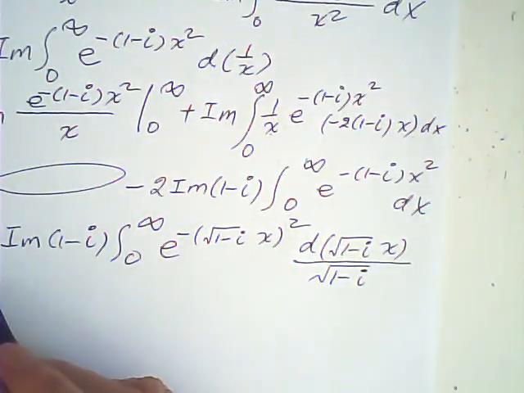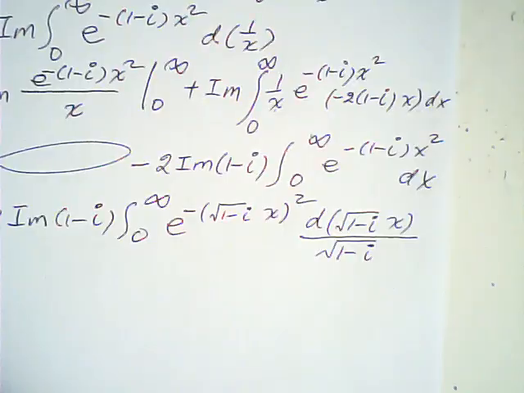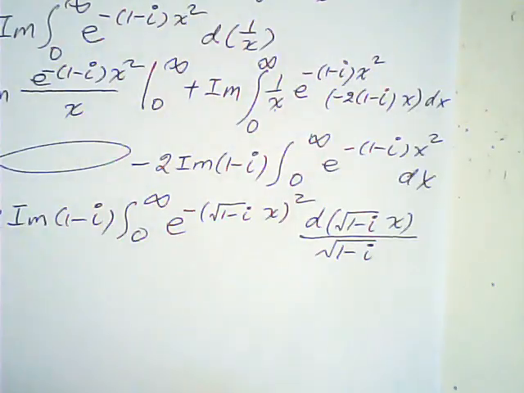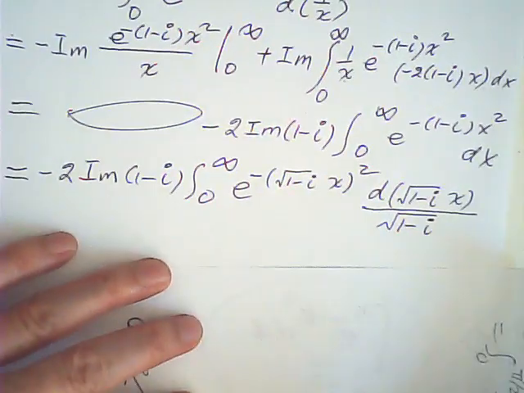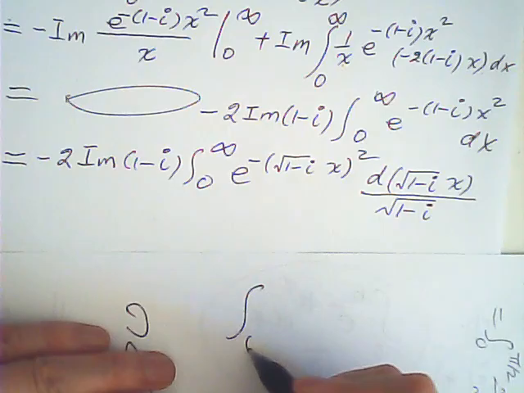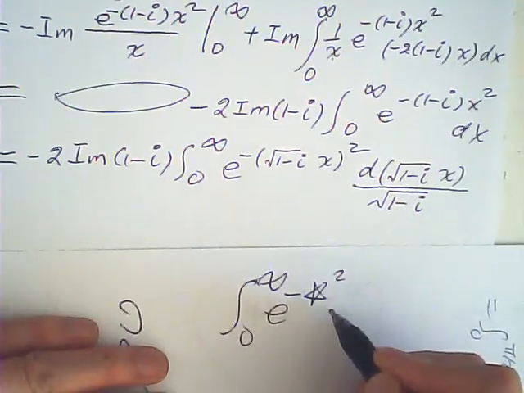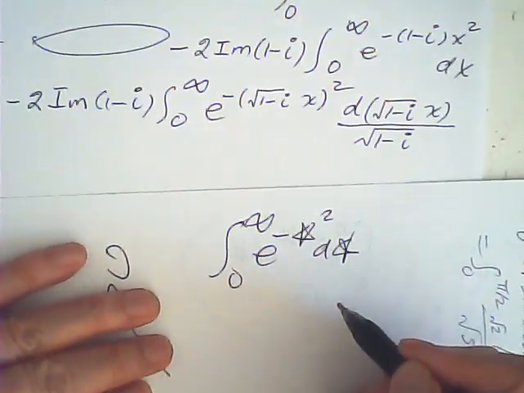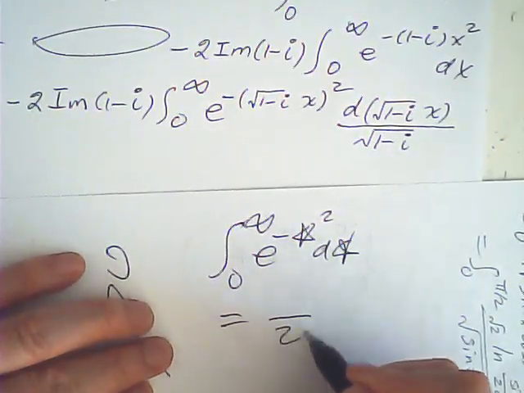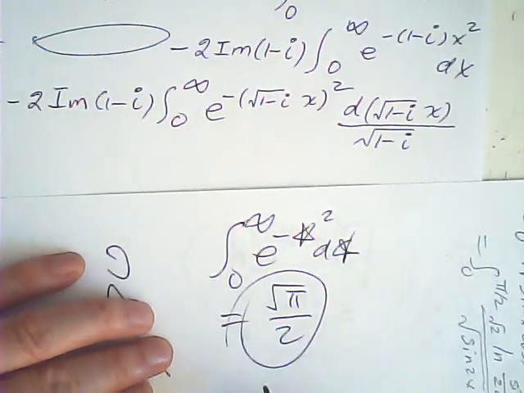Then it's equal. Now we have a Gauss integral, right, from 0 to infinity of e to the negative something squared d something, which is equal to half root pi, right?